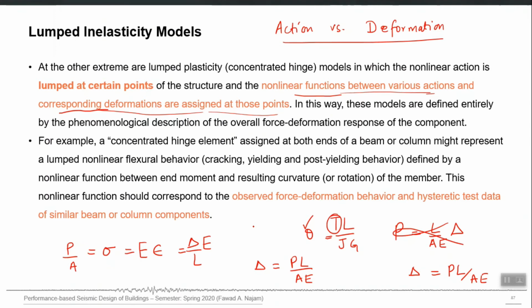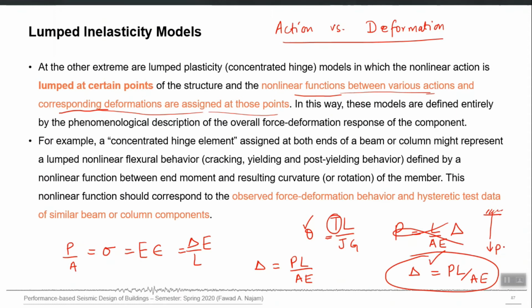We define our own relationship which is different from this. For example, now this is a linear relationship. Let's assume that I have a cantilever like this, a bar, and some P is applied in this direction. So if this bar is linear, it will follow this behavior forever.